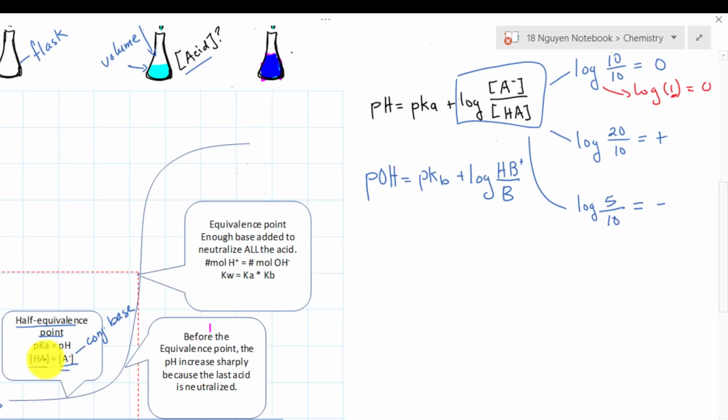In this case, at the half equivalent point, the concentration of the acid is equal to the concentration of its conjugate base. So what does that tell you? In this case, you have pH equal to pKa at the half equivalent point.